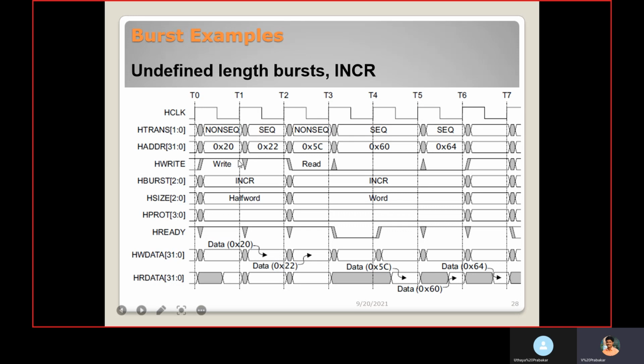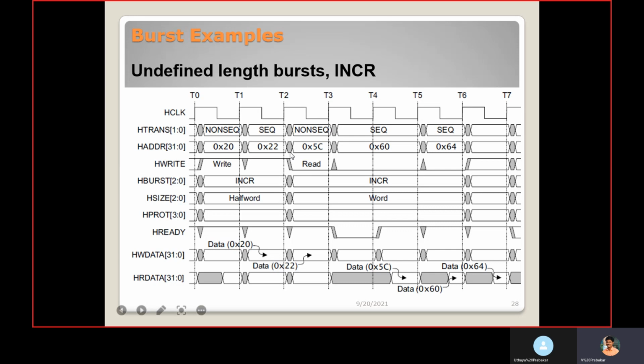It will increment by 2 if you are performing write. This is the address phase of 20, and this is the data phase of this 20, and the write for the corresponding 20 address happens here, and this is the address phase for this 22. Here also we are performing write. That will happen in the next cycle here.